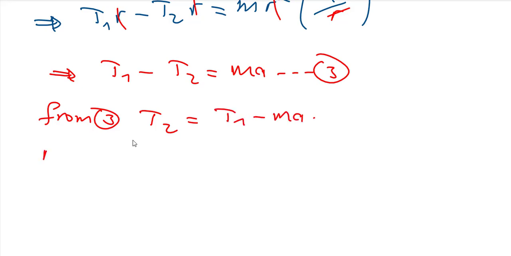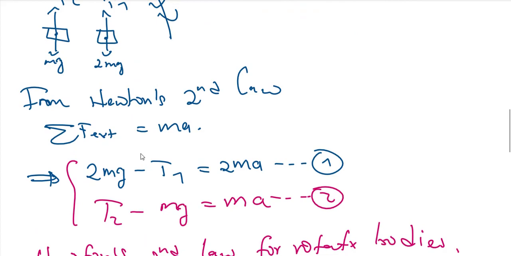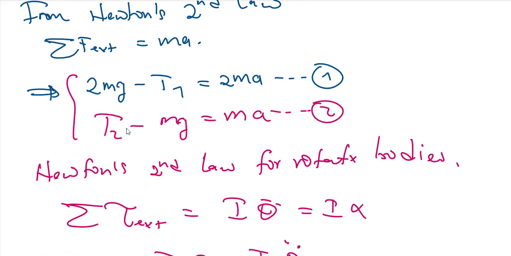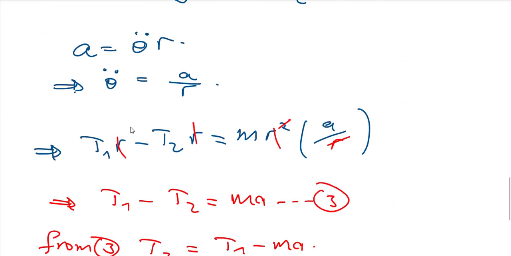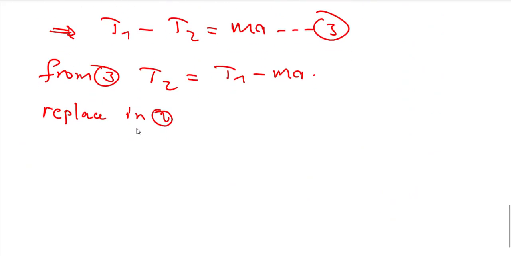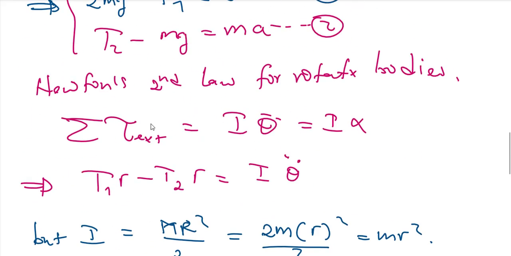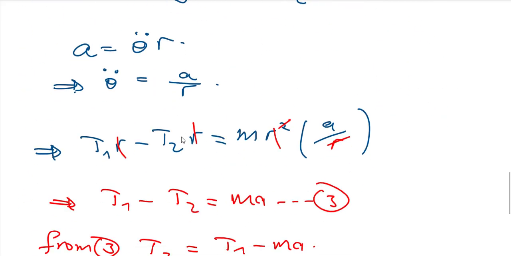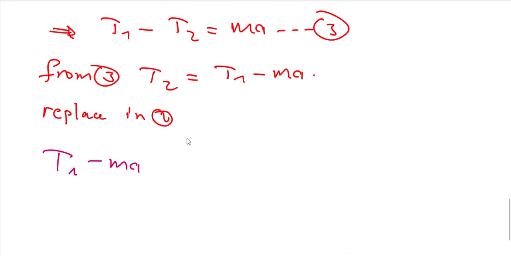So I'm going to replace in equation 2. Replacing T2 here, we are going to have T1 minus ma minus mg equal to ma.